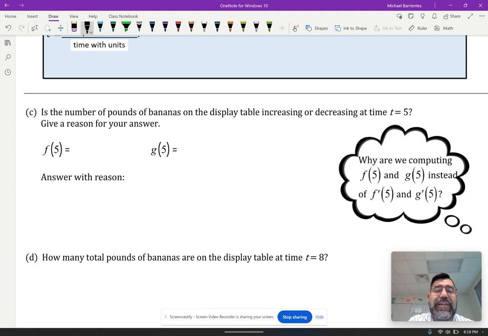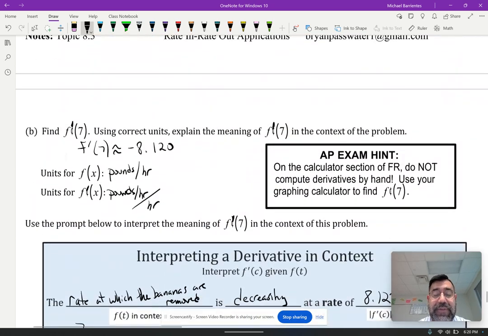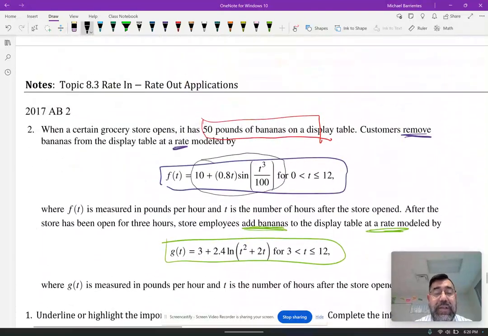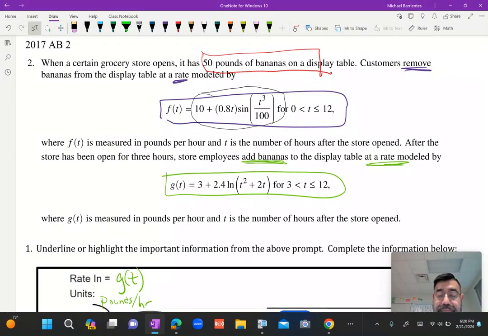Are there more bananas coming in than going out? Because then it's increasing. Are there more bananas going out than going in? Well, then it's decreasing. But I need to figure out what the values are. So let's see. At f of 5 and g of 5. So let's go here.